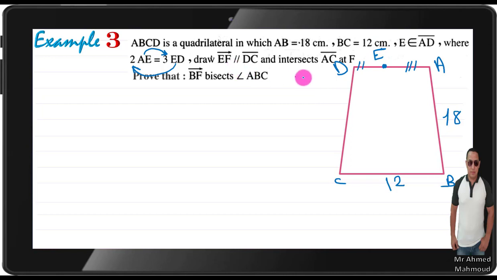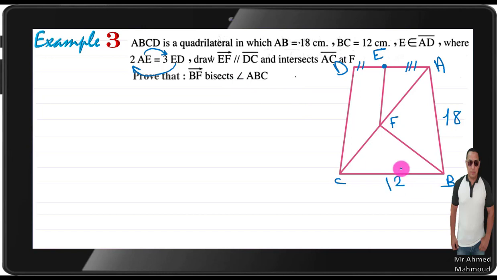EF is parallel to DC. So I'm going to draw a line parallel to DC that intersects AC, so I need to connect AC like this. It intersects AC at F. Then prove that BF bisects angle ABC, so I need to connect BF like this.